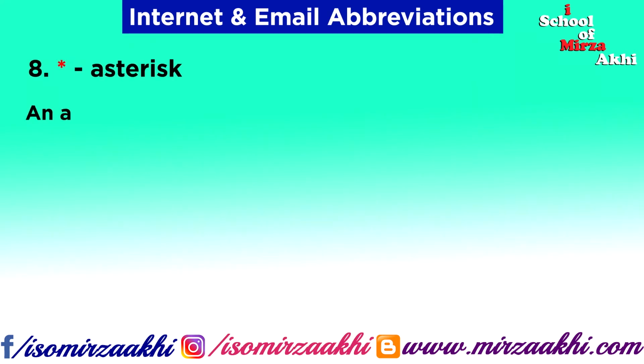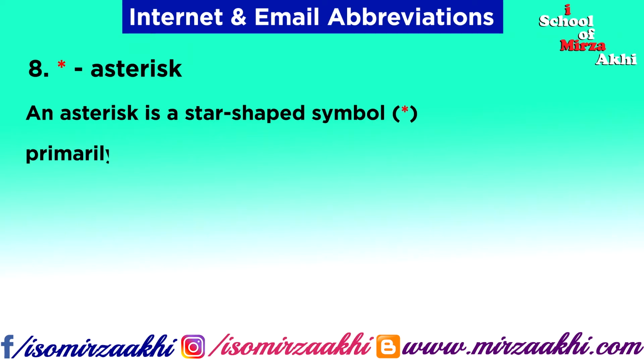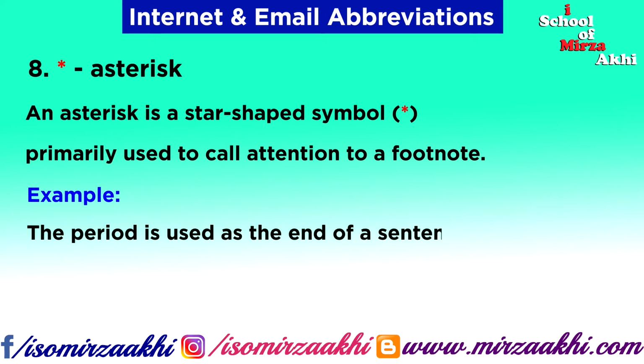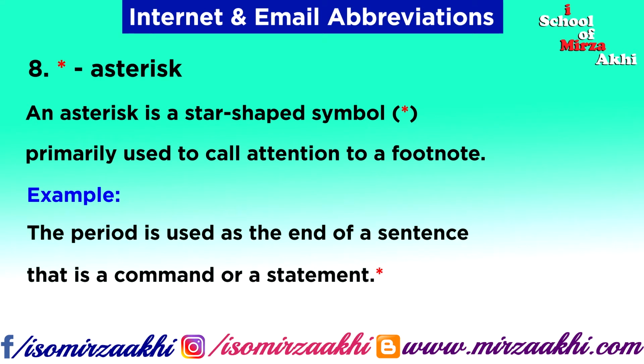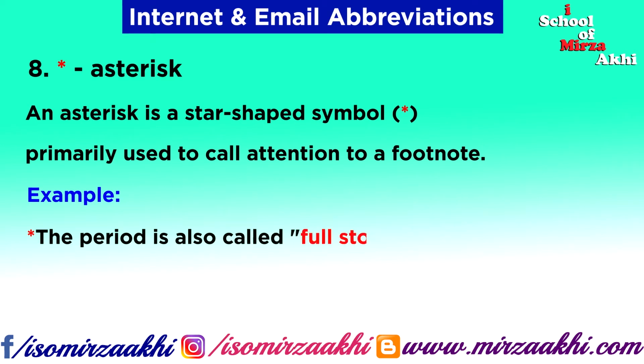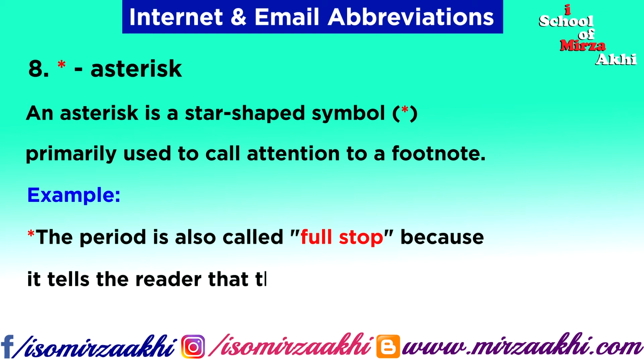Asterisk. An asterisk is a star-shaped symbol, primarily used to call attention to a footnote. Example: The period is used at the end of a sentence that is a command or a statement.* The period is also called full stop because it tells the reader that the sentence has ended.